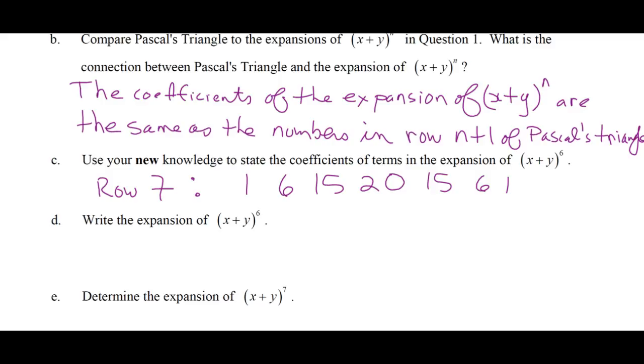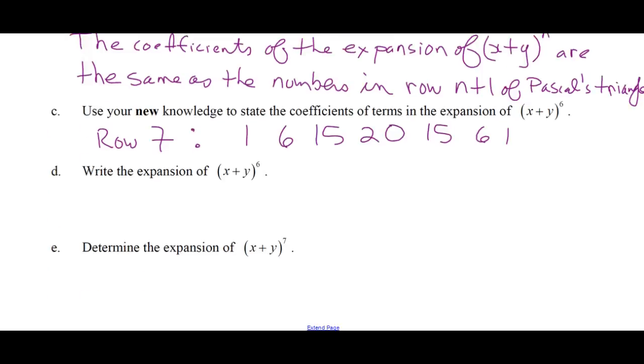Write the expansion. Okay, so here's where the neat stuff comes in. Gentlemen, now it's time to pay attention. You were okay up till now, but now you've got to watch. Write the expansion of x plus y to the 6th. I know that's the 7th row of Pascal's triangle, so the coefficients are there.